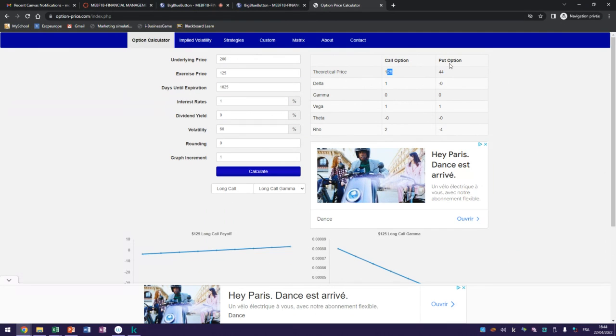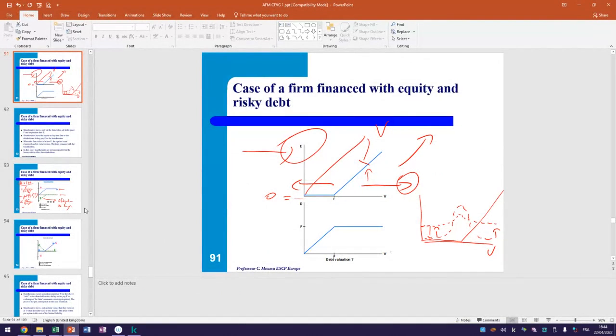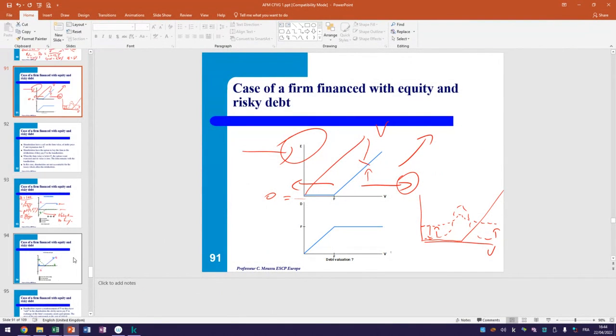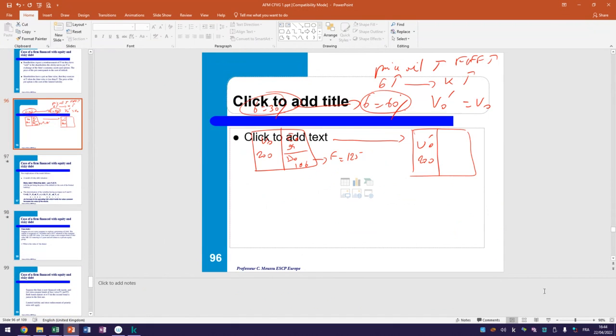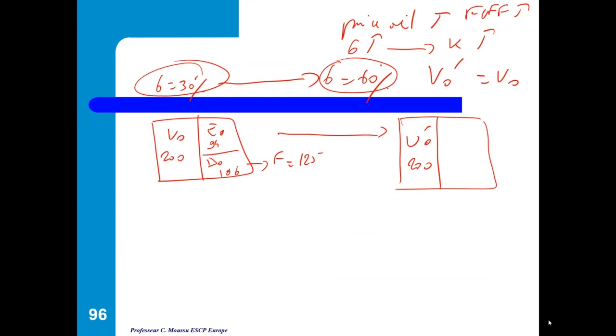And the put is 44. So what does it mean? It means that my equity value is 125 and my leverage is 75.